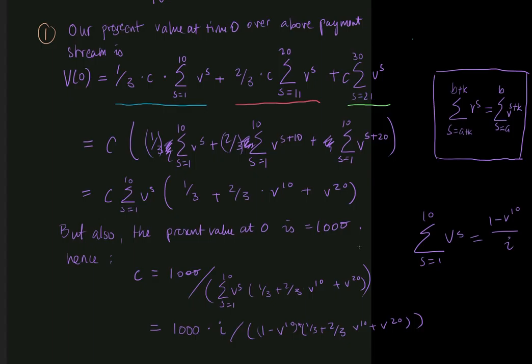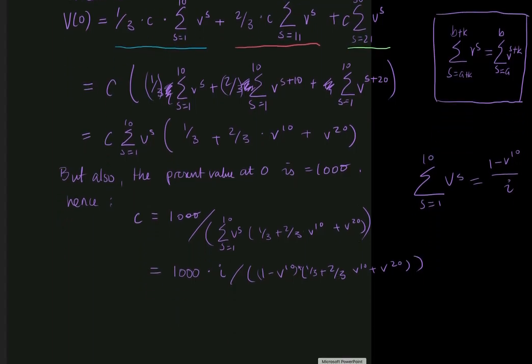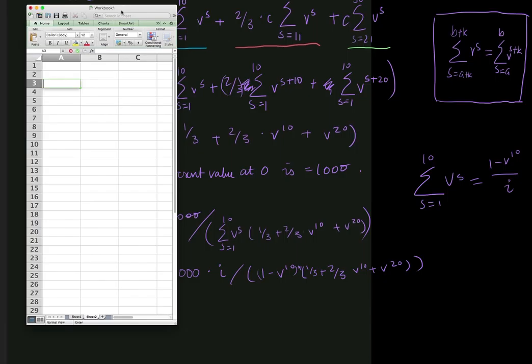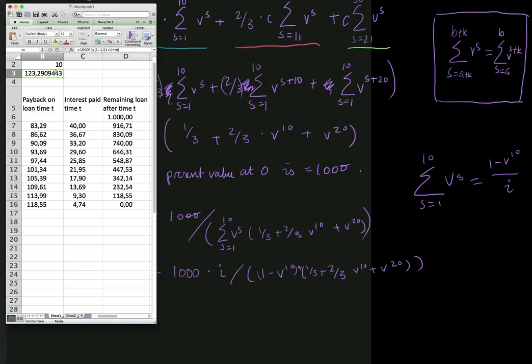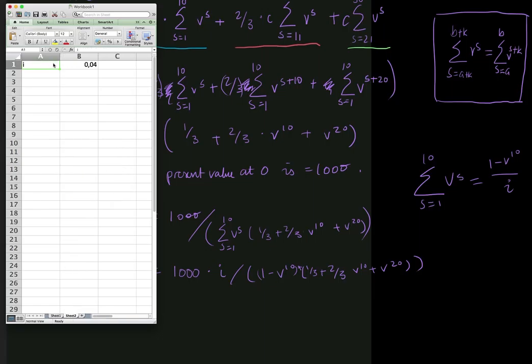Now let's try to implement that inside a fancy calculator of some sort. You can also do this in R or just in Google, whatever you fancy. But here we have that the interest is 0.04, so 4%.